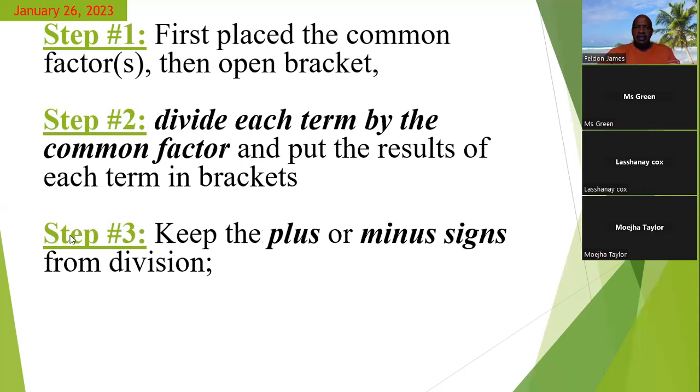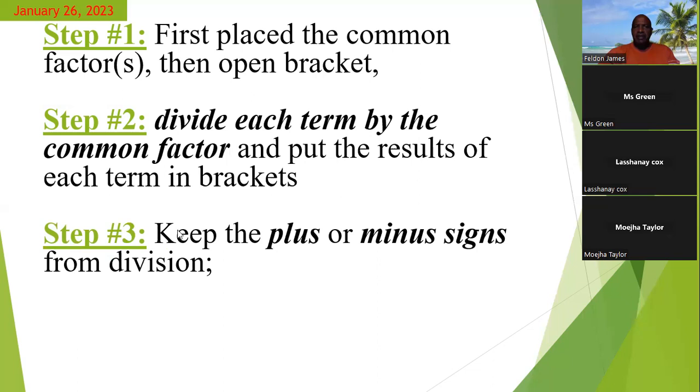After you find all the results, you're going to keep the plus and minus signs that you have in the original expression. Unless you are factorizing with a negative, the signs will be the same as what they were in the expression.